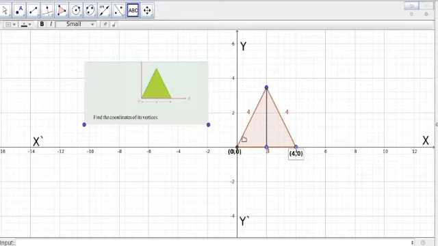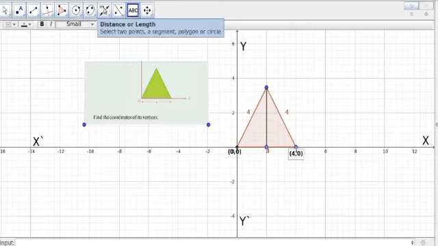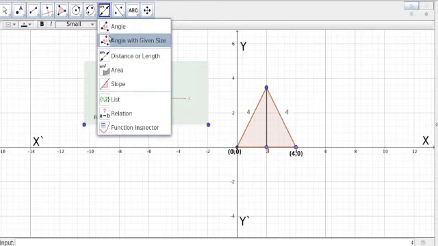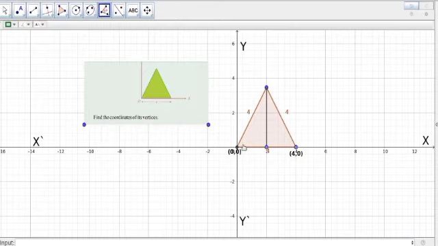See, this one is an equilateral triangle. We know that each angle of an equilateral triangle is 60 degrees, right? Each angle is 60 degrees.